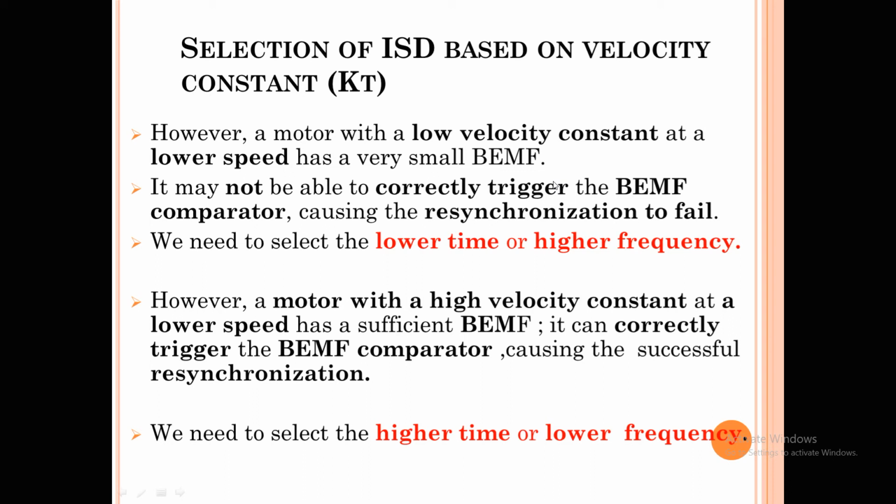In the same way, vice versa, if your motor has a very high velocity constant, you need to select a higher time, so it will easily detect the back EMF, because if your motor has a very high velocity constant, at the lowest speed itself it has a very good back EMF value, so it's not hard to sense.